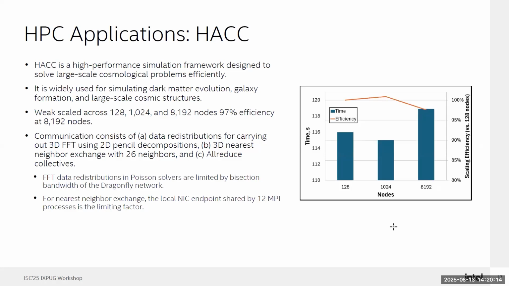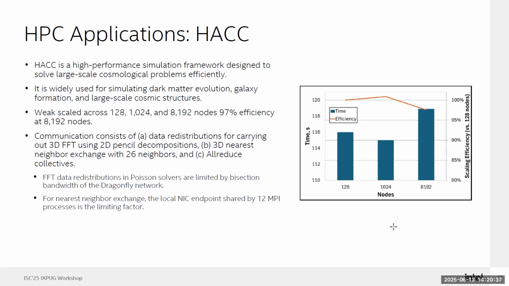HACC is an application, I would say a workload, a traditional HPC workload that is very efficient in scaling. It has three patterns of communication. One is when it uses a distributed 3D FFT.